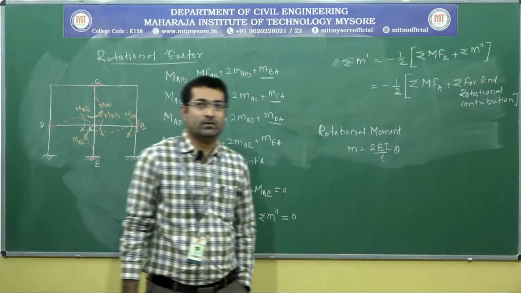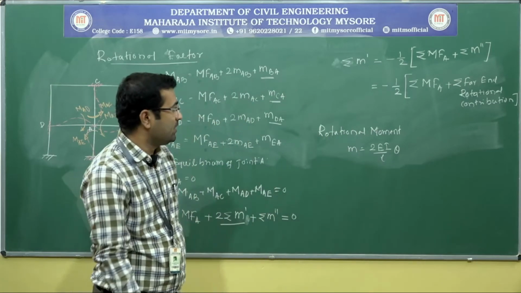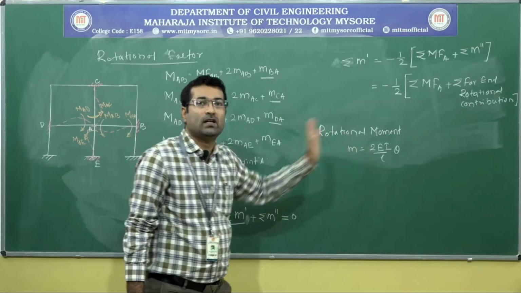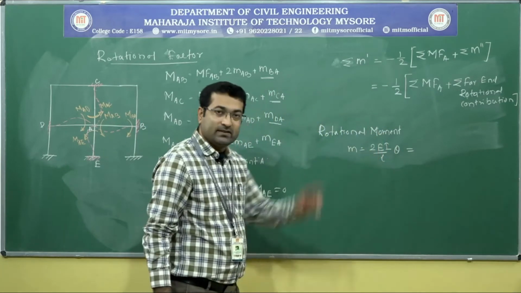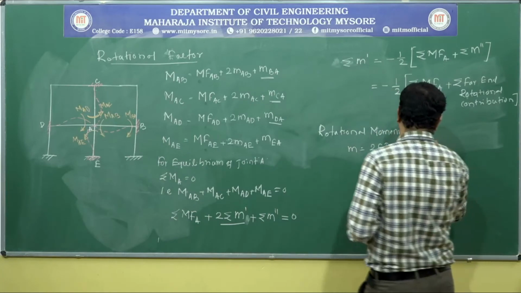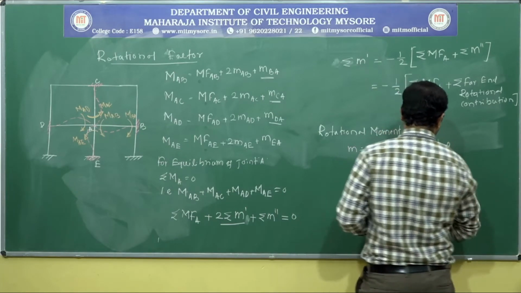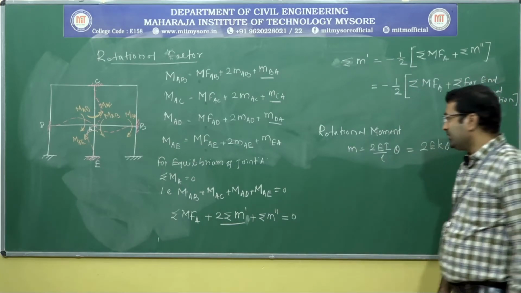Now what is I by L? I by L is nothing but the relative stiffness, which we have studied in detail in the second module, that is in the moment distribution method. So I can write 2EI by L into theta as K into theta. K is nothing but the relative stiffness.